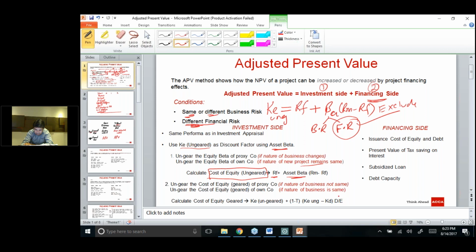So the last equation is the theory, Modigliani and Miller theory with tax version. That is, cost of equity of geared company is equal to cost of equity ungeared plus (1 minus T) times (cost of equity ungeared minus KD) times debt over equity.